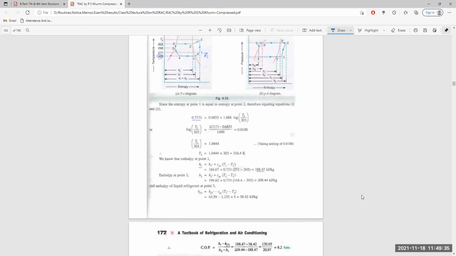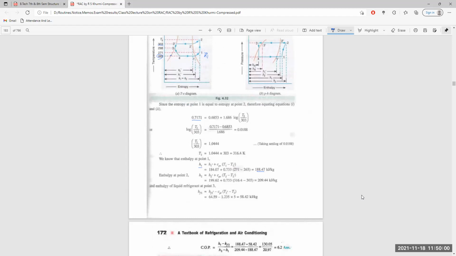And next, let us go for H2, which is given as H2 dash plus the specific heat of the refrigerant vapor multiplied by the fall in temperature from T2 to T2 dash. So this is H2 dash plus CPV times T2 minus T2 dash.